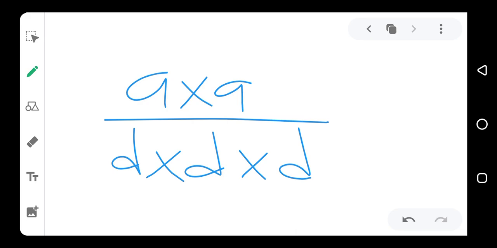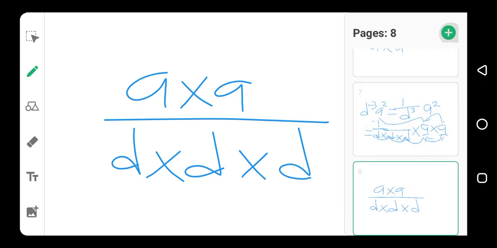So this is how to get this. Now, what if two of the alphabets have negative powers? For instance, if we have a raised to power minus 2 and b raised to power minus 3. The other one we have one of them as negative and one of them as positive.